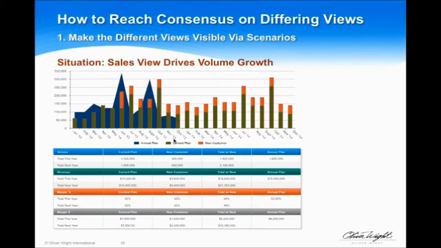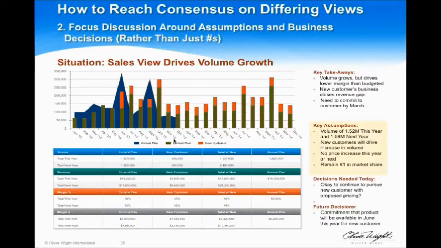In this example, there's an opportunity with the customer, and that opportunity creates the question of whether the company should go after that customer's business or not. Sales wants to, of course, but the margin, as you can see here in this example, is going to be lower than the company's target for margin.